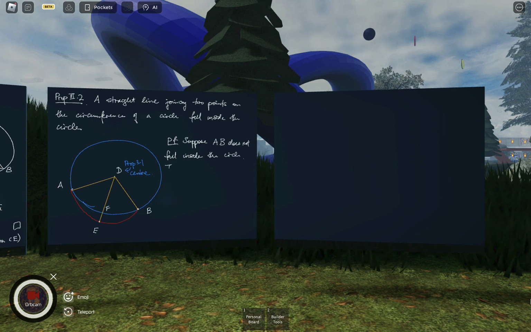Okay, then there's a point E, which we already picked, E on AB, which is outside the circle.